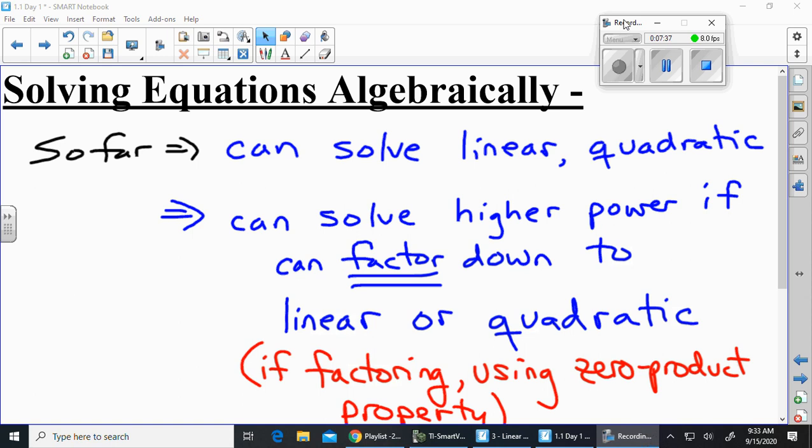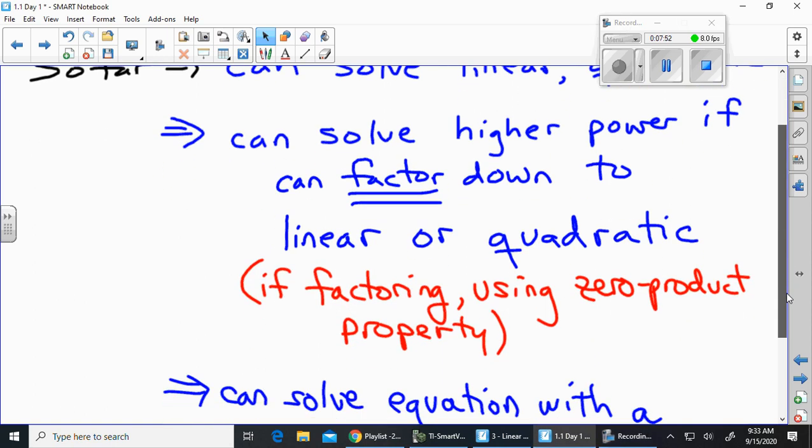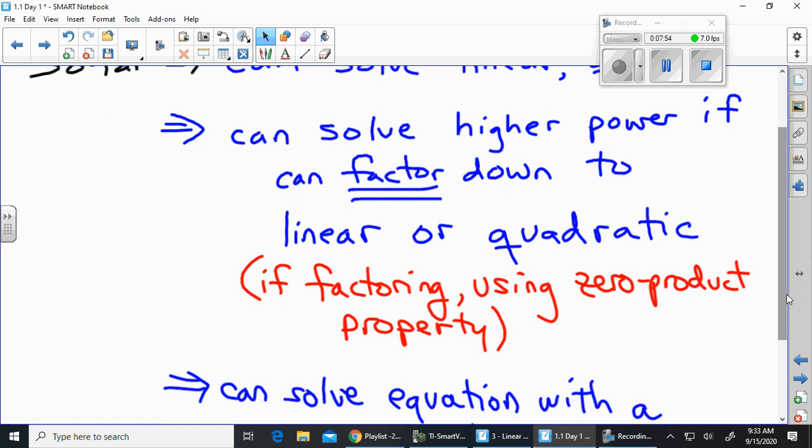You can solve quadratic. If you can't, you're going to still work on it. But you should be able to solve quadratic. When do I expect you to be able to solve something higher than an x squared? A higher power, if you can factor it, so I'm not doing anything but factoring, down to a linear or quadratic.